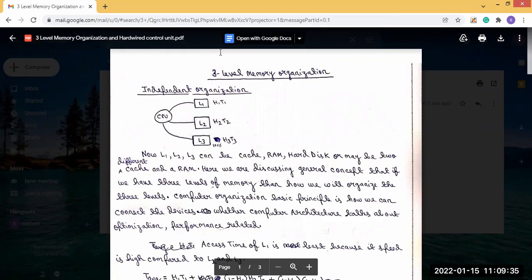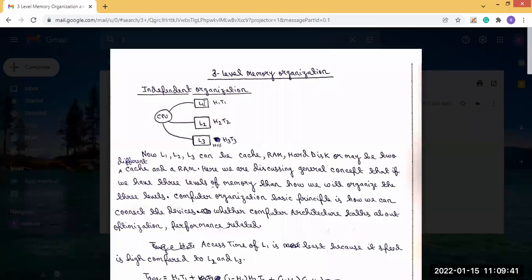If we see it as a pyramid, the topmost device, L1, we are considering to have the minimum access time, so we consider it as the cache. Then L2 has access time more than L1 but less than L3, so let's say we consider L2 as our RAM.